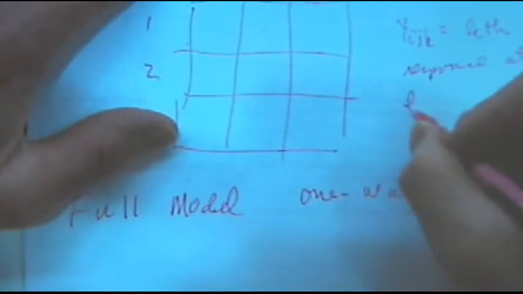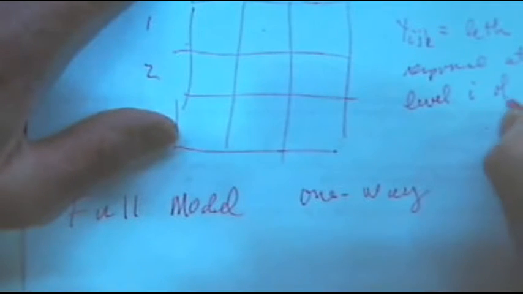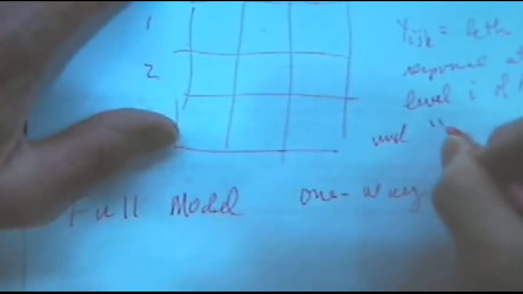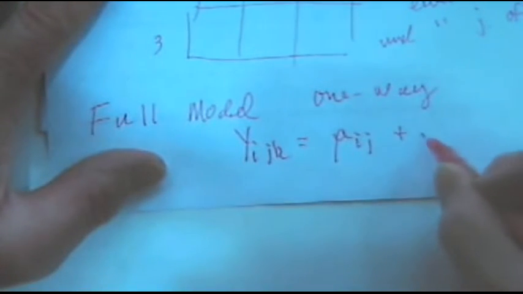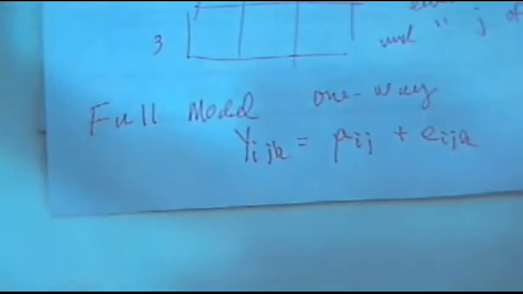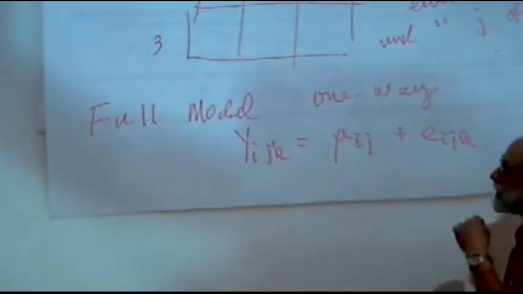This would be the kth response at level i, j. And then we just model this one. It has some mean, median, doesn't matter. We'll be looking at effects, so it doesn't matter if it's means or medians. So our full model we've already done, just the one-way.